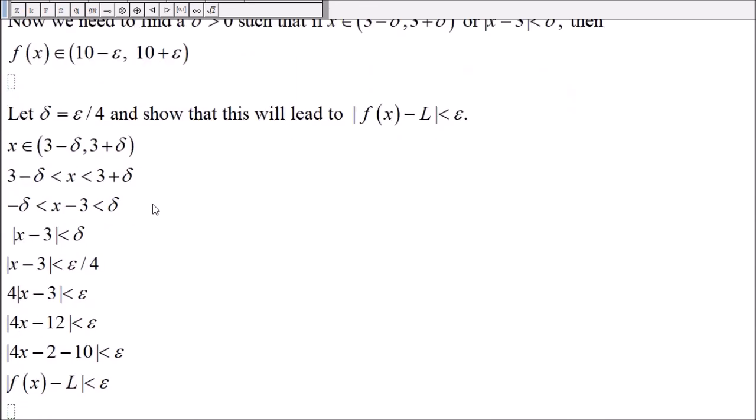So in this case, we have chosen delta to be epsilon over 4, and it will lead to the absolute value of f of x minus L less than epsilon. And so this is the relationship, this is the formula that relates epsilon and delta.